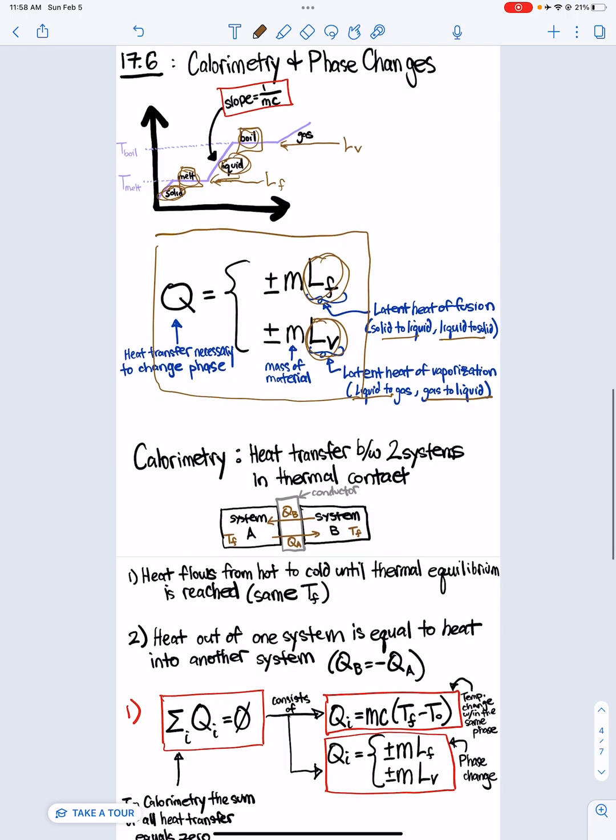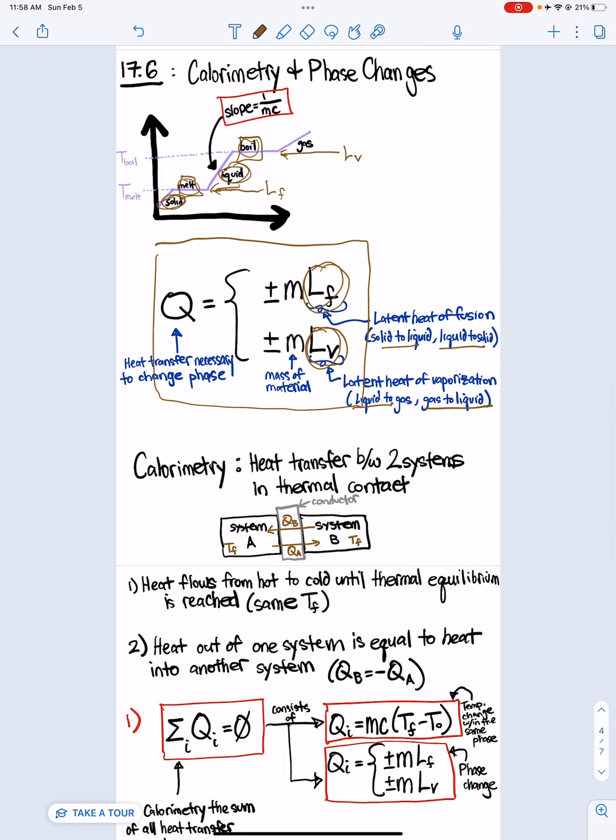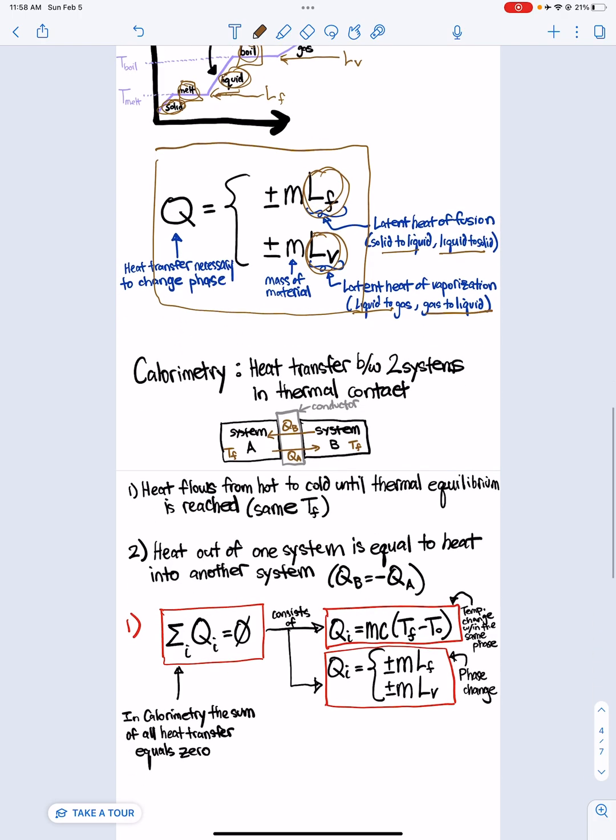Another important term is calorimetry, which is the heat transfer between two systems in thermal contact. It's shown in this drawing right here. Things to know about that: heat flows from hot to cold until thermal equilibrium is reached, meaning they have the same final temperature.